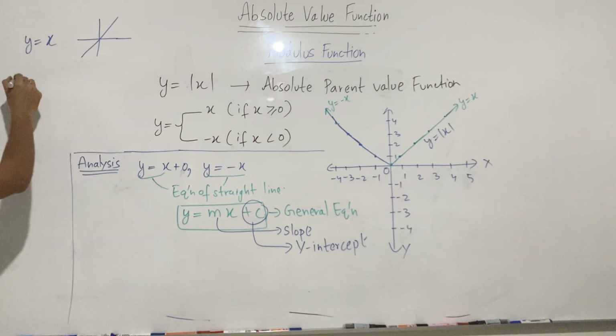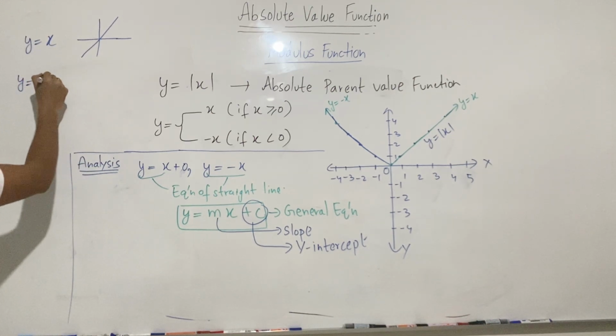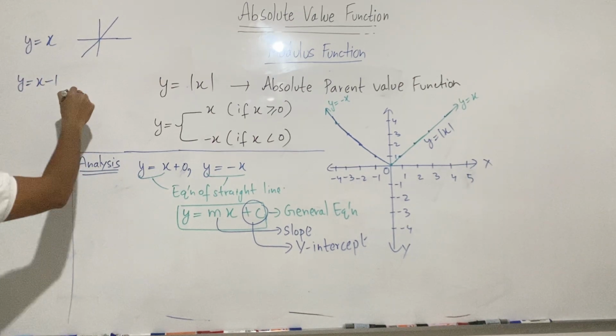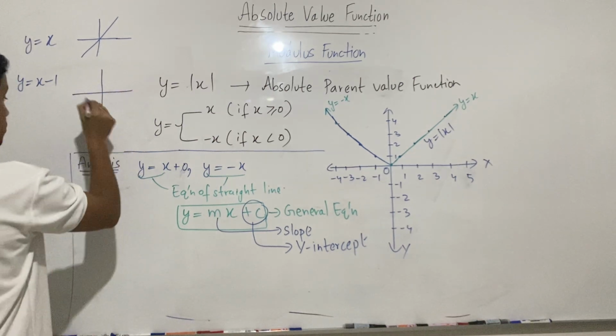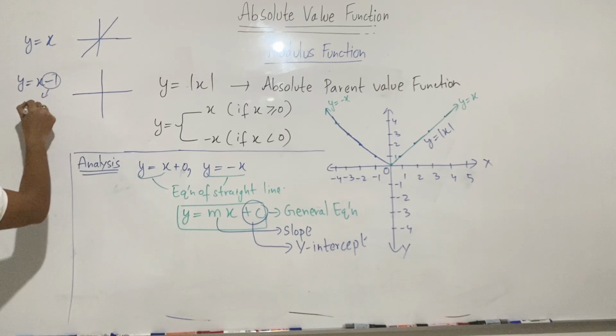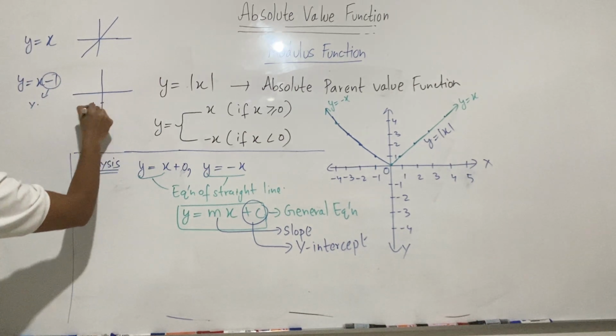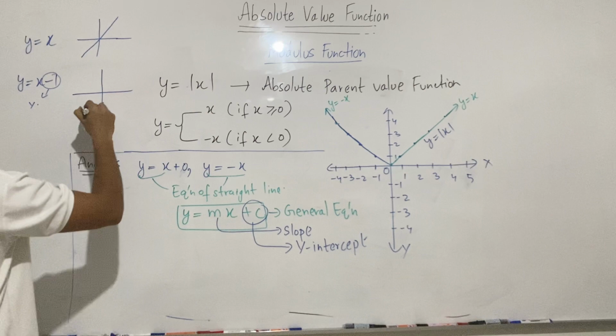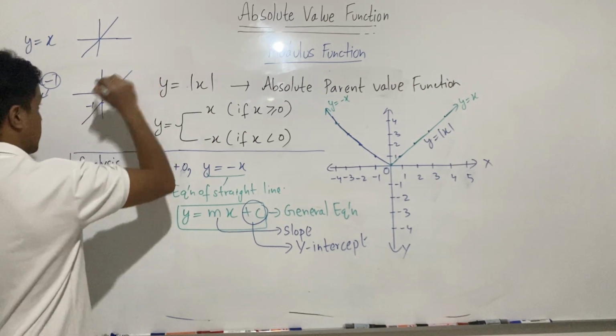If I have to make a graph of y equals x minus 1, what does it mean? This is the y-intercept, meaning minus 1. So the graph is going to be this.